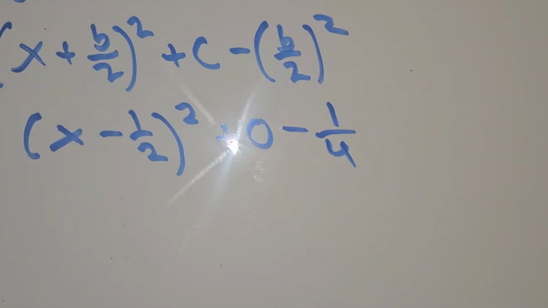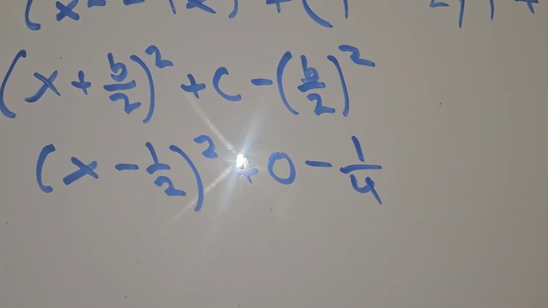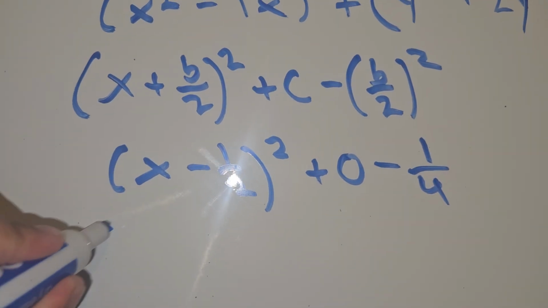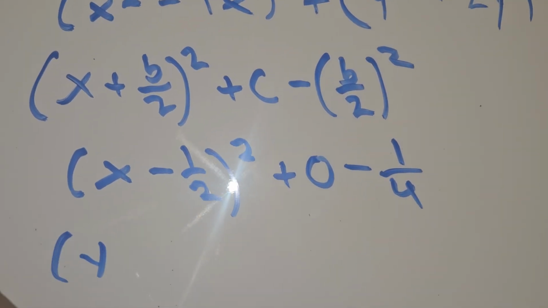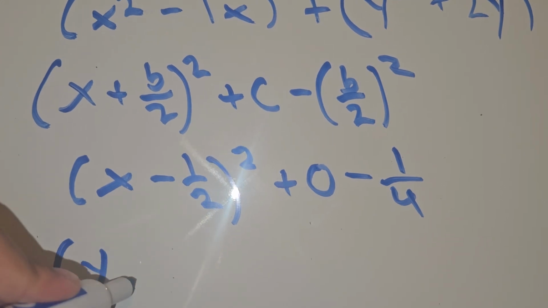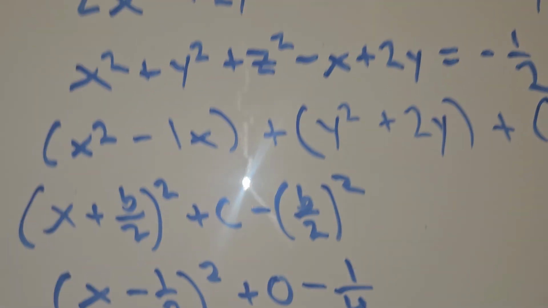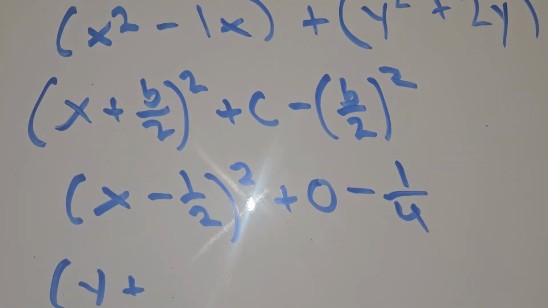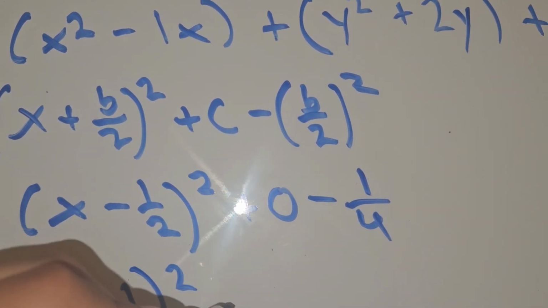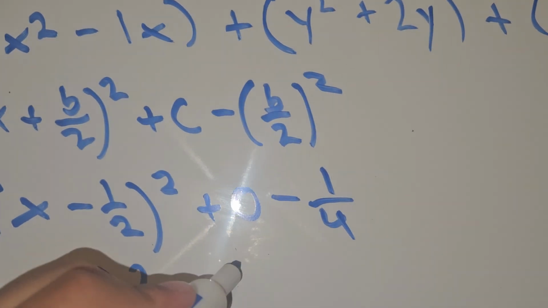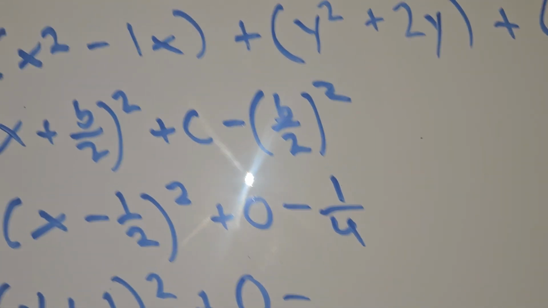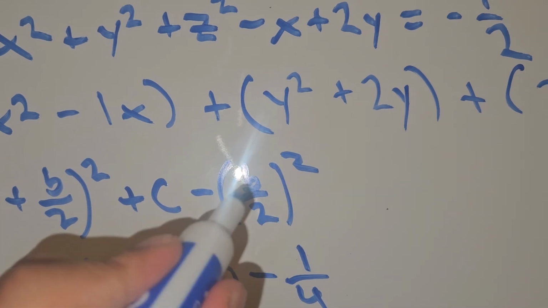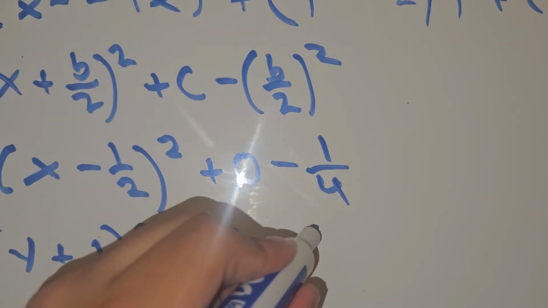That's it. Let's do the other one. Let's do y. So we have y plus, that's positive 2. Positive 2 divided by 2 is a positive 1, squared, plus our c is 0 minus 2 divided by 2, that's 1 squared, that's 1.